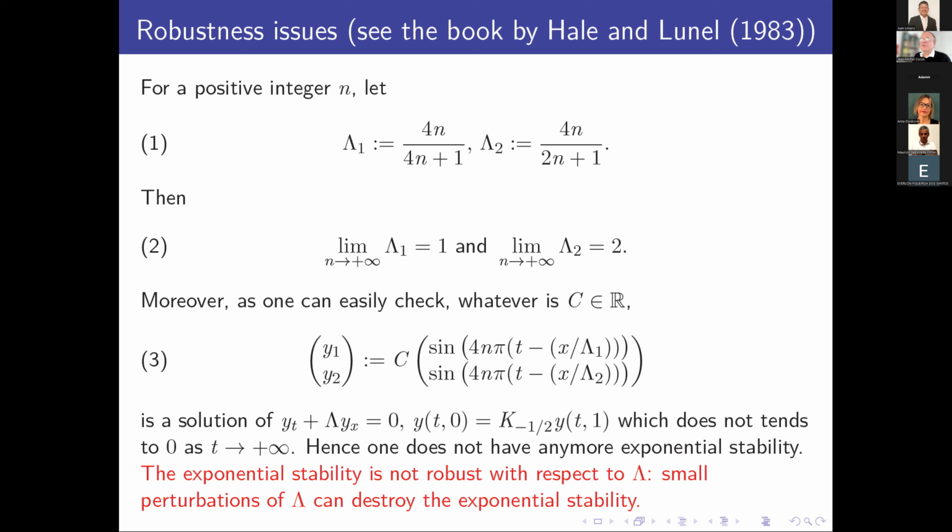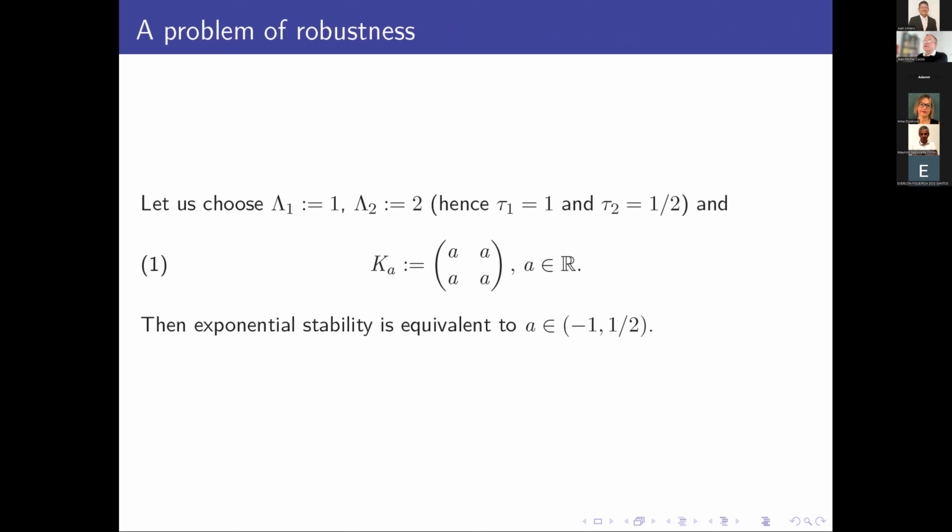But now, if you consider any n, y_1 and y_2, which is given by 3, is a solution of y_t plus lambda y_x equal to 0, with the boundary condition y(t,0) equal to k, with a equal to minus 1 divided by 2, y(t,1). And you see, minus 1 divided by 2 is very far from the boundary of the interval.